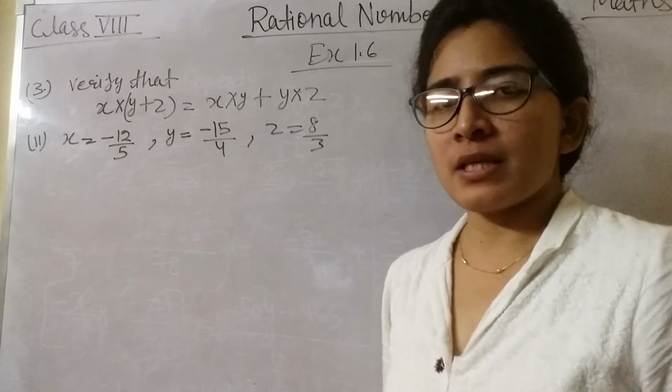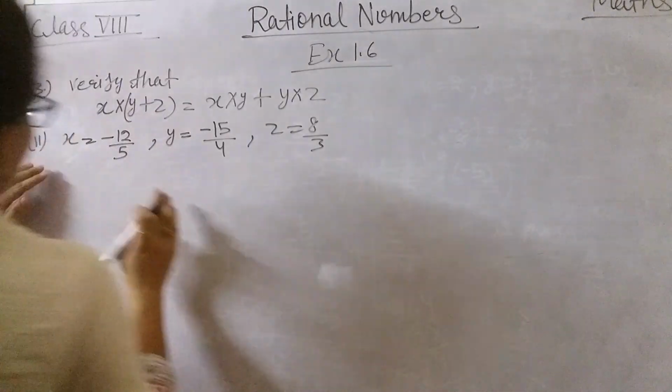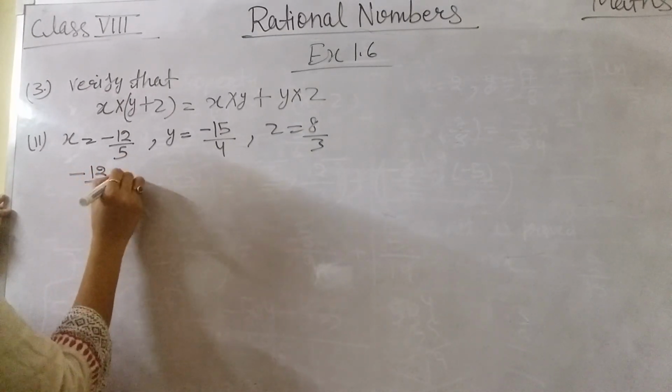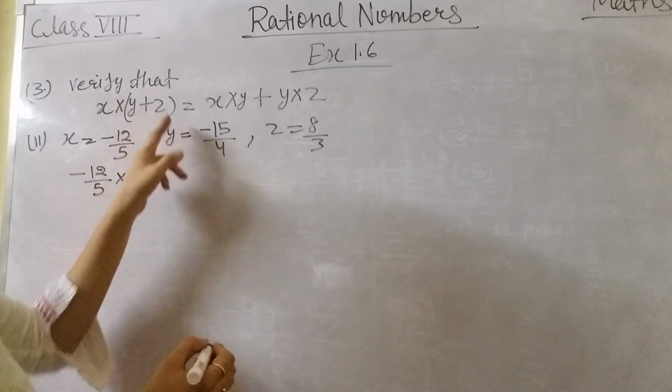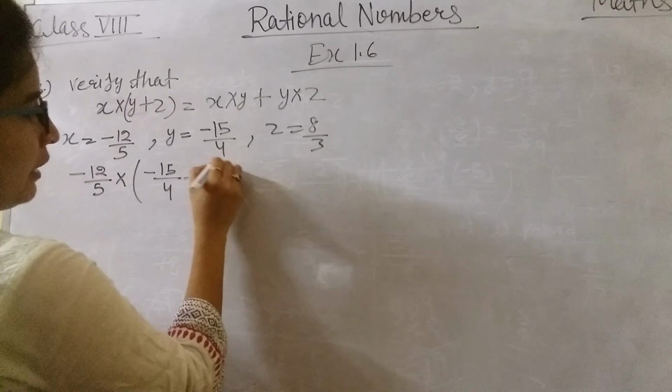Now we have question number 2 for the same property, where x is minus 12 upon 5 into y, we have to take y and z, that is minus 15 upon 4 plus 8 upon 3.